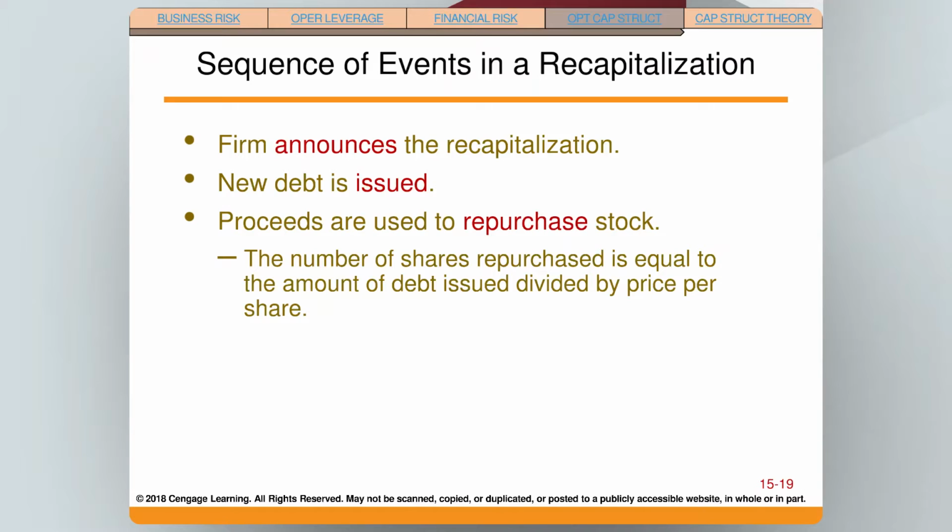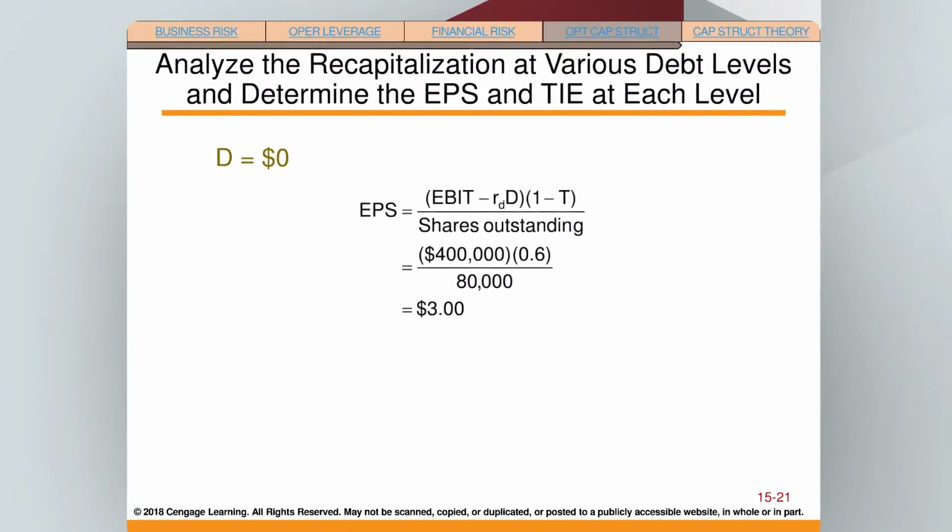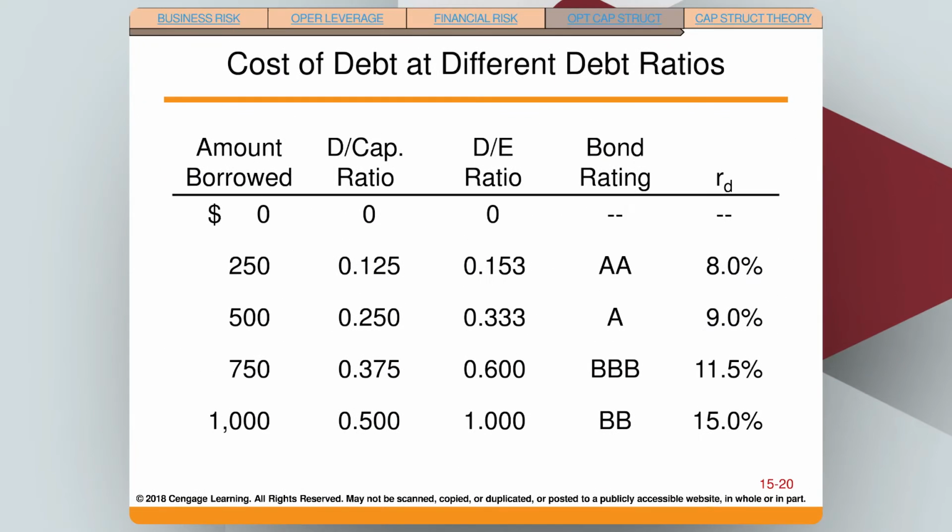Proceeds are used to repurchase stocks. The number of shares repurchased is equal to the amount of debt issued divided by price per share. Alright, yan yung mga sequence natin in terms of recapitalization.